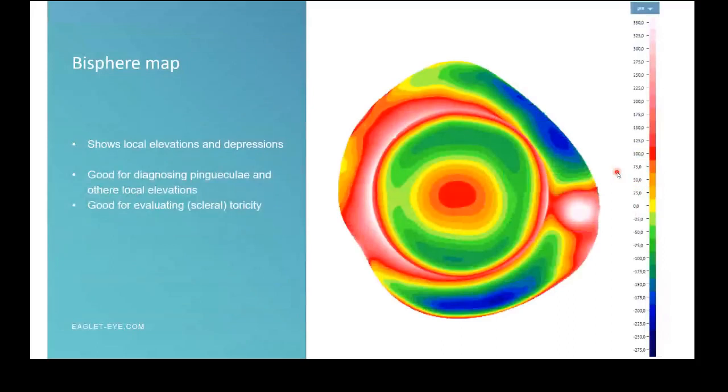The bisphere map itself is very useful for diagnosing local elevations, like the pinguecula in this example, or the central cone. And it's also good to see, am I looking at a spherical or more toric-shaped sclera?